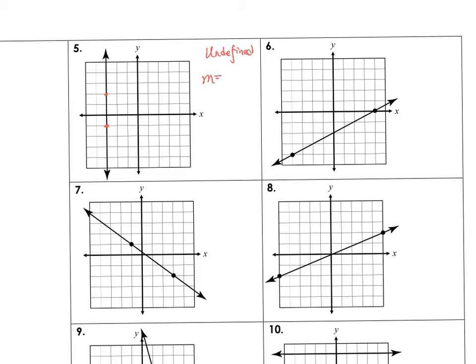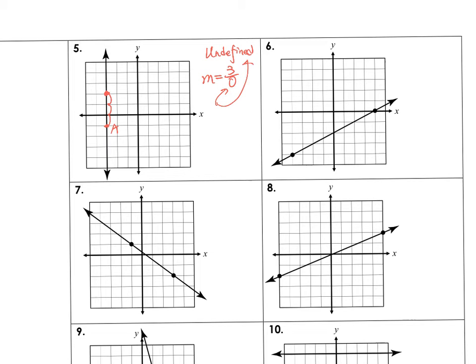If I calculate the slope from point A, I rise by 1, 2, 3. But I don't run. When I don't run, that's 0. Any number divided by 0 is undefined. So this 0 determines that this is undefined. So there's a theory behind it that you can explain why things are the way they are, right?